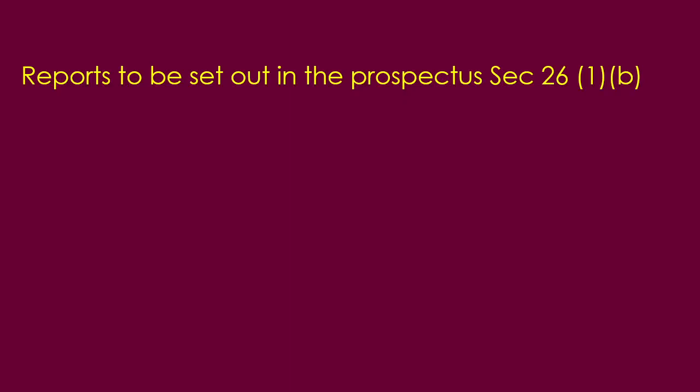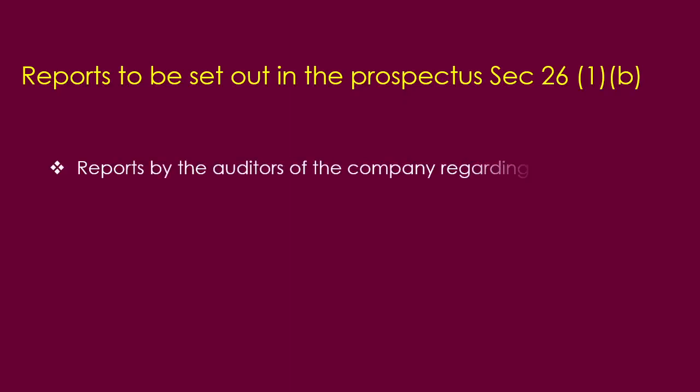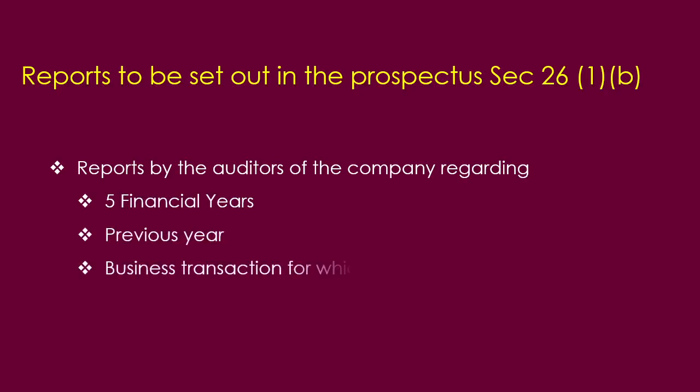Some reports have to be included. These reports are mainly reports by the auditor for the company regarding the financial years, previous year details, and business transaction for which the fund is raised. So these three reports should be attached to the prospectus.